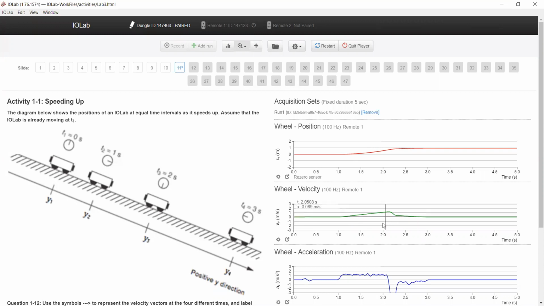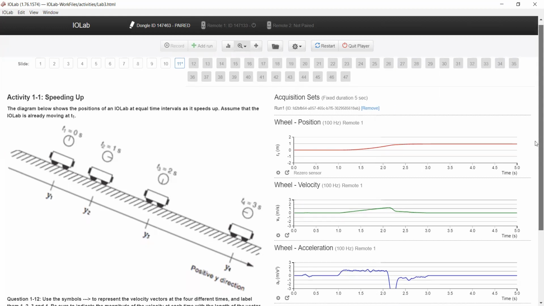If we start to move from here, the graph would be like this. So the region is where the IOLab was moving, speeding up. That's the only region of interest while doing the analysis, because if we see here the velocity is zero, we cannot do analysis based on that. While speeding up, we are trying to see that the rate of change of velocity is constant. It is constantly increasing. So be careful about those kinds of things.